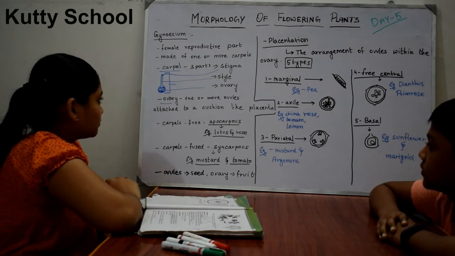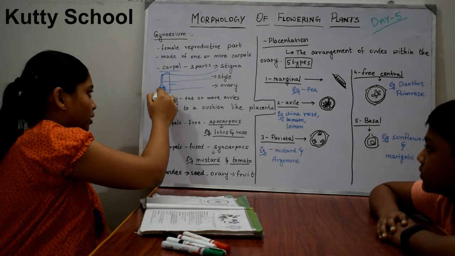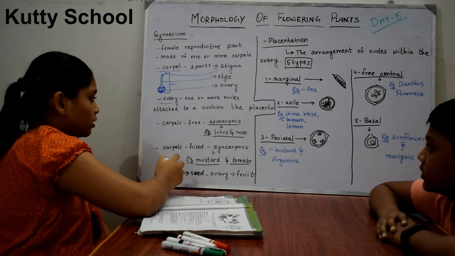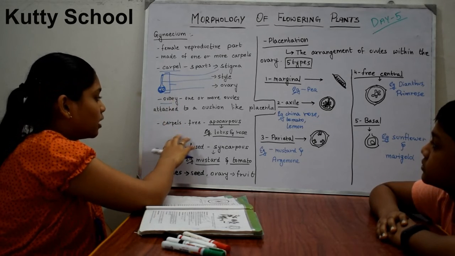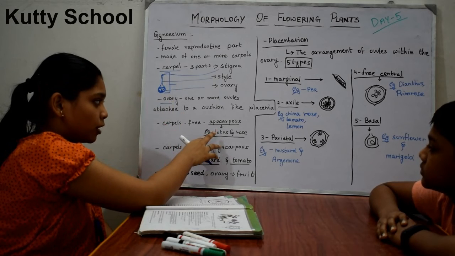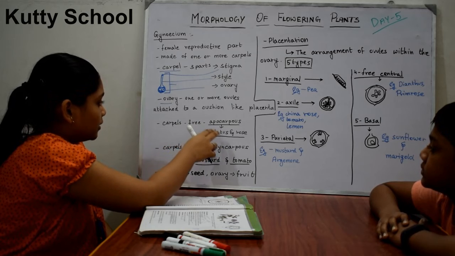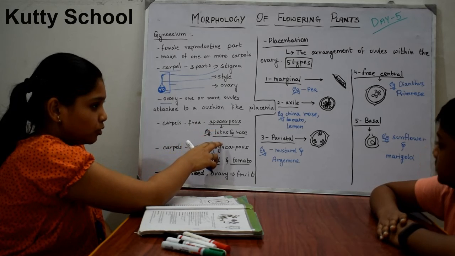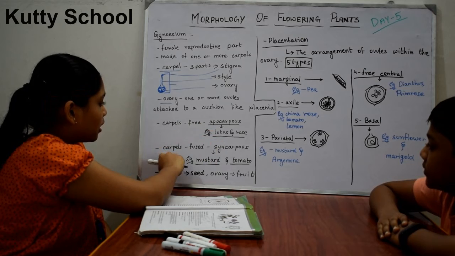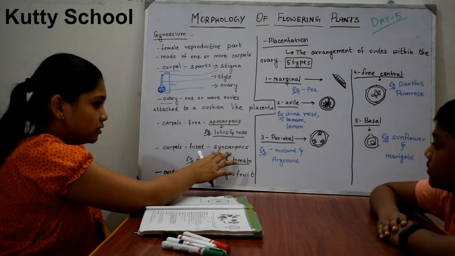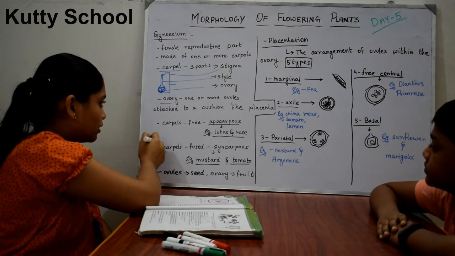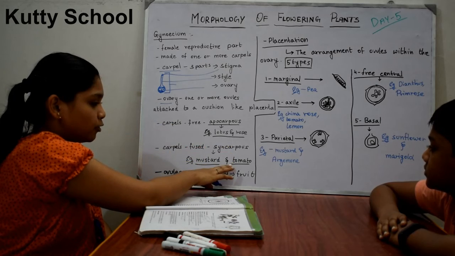And in a flower there can be many carpels. When these carpels are free, it is known as apocarpous, as we saw in androecium. Examples are lotus and rose. And when carpels are fused together, it is known as syncarpous. Example mustard and tomato.